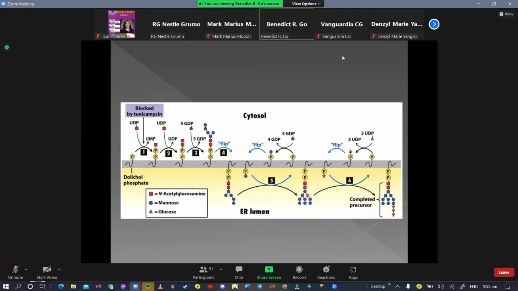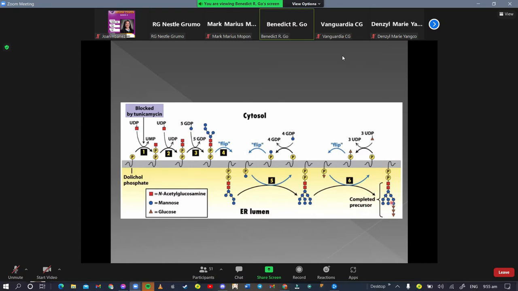An additional step could be that the dolichol phosphate can acquire glucose from the cytosol and flip it into the lumen, again donating it to the lengthening oligosaccharide chain. See? So you have your dolichol phosphate and your oligosaccharide.